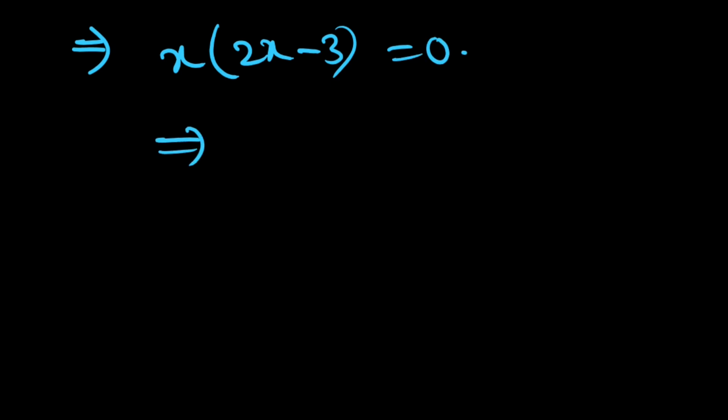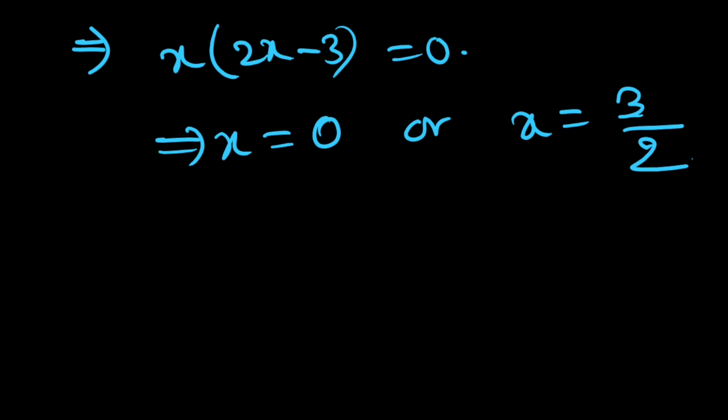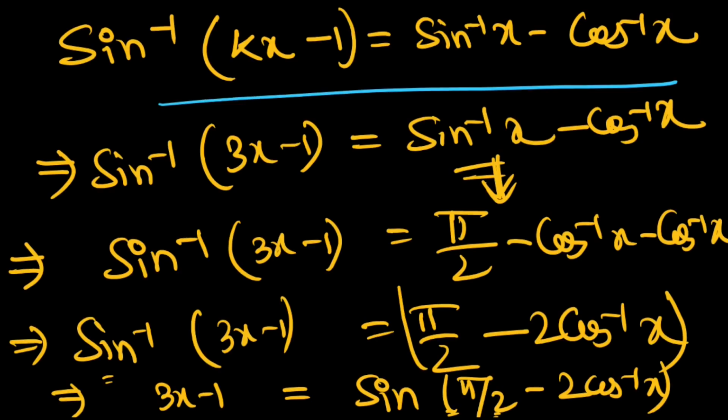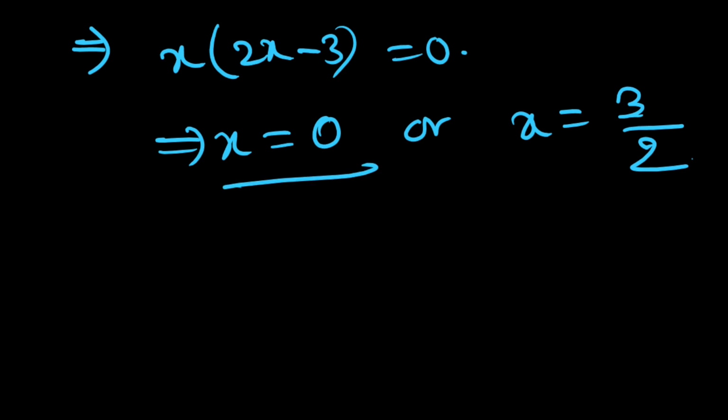Therefore we factorize it, x is common, x times 2x minus 3 is equal to 0. This implies x is equal to 0 or x is equal to 3 by 2. So the question asked the number of solutions of this equation. We got two values, x is equal to 0 and x is equal to 3 by 2.